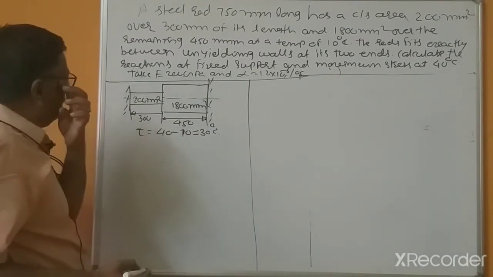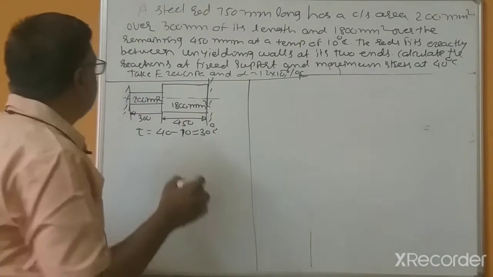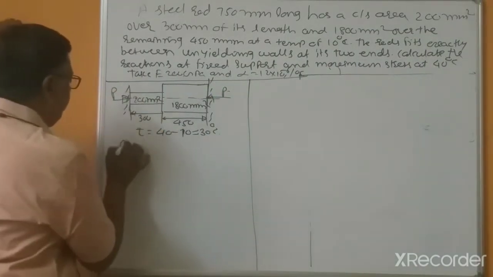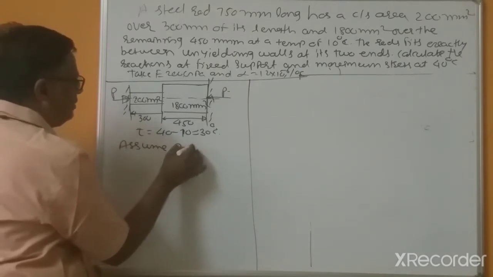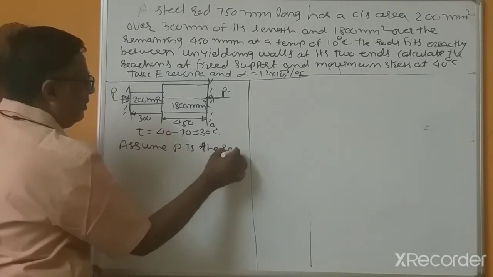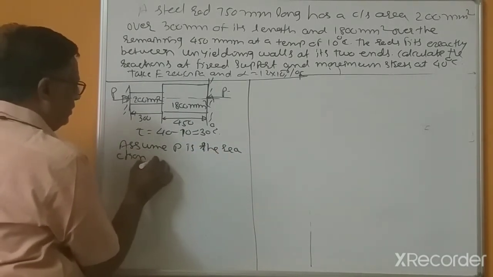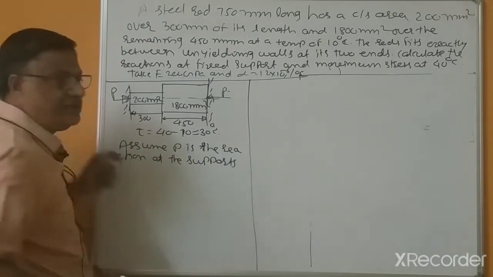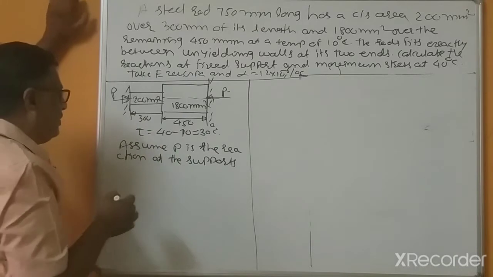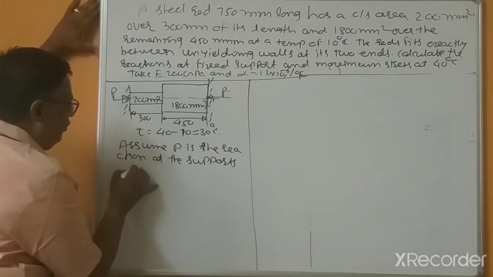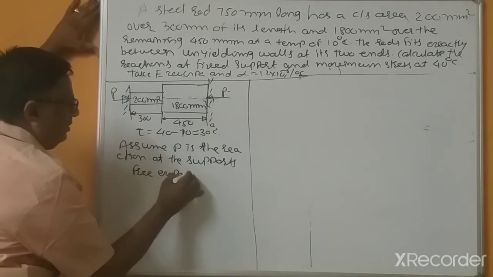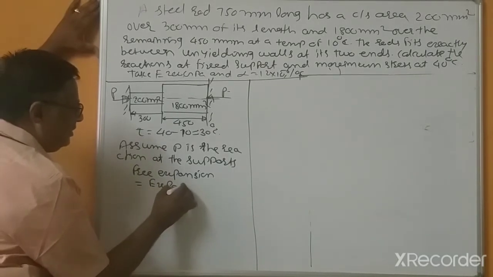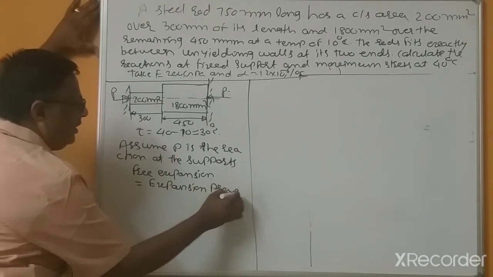Both ends are fixed, so we can consider the reaction at the supports as P. Assume P is the reaction at the supports, due to the rise of temperature. So free expansion equals expansion prevented.